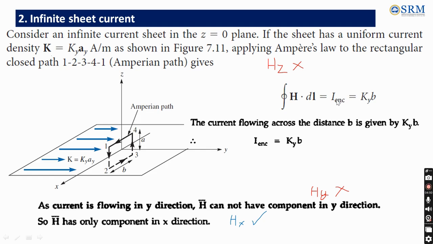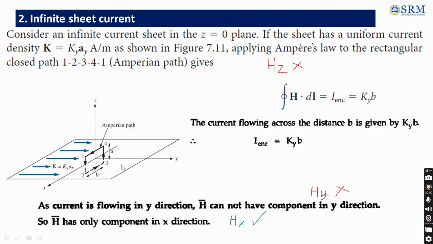Current density K is current per unit length that we have considered. Since current is flowing along the y direction, magnetic field intensity cannot have a component along the y direction. So Hy is 0. It's not present. And Hz is already not present because the sheet current is present in the z equals 0 plane. The only component of H is along the x direction.